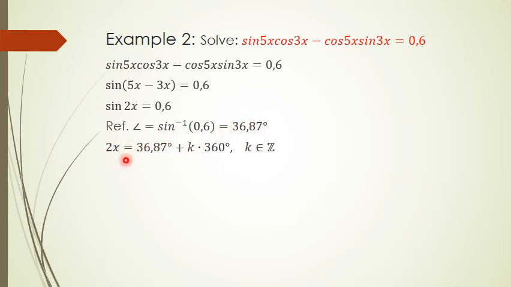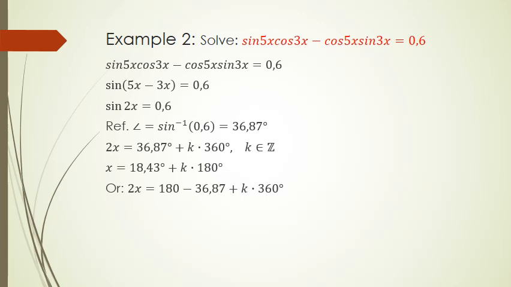So writing down the general solution, we have 2x equal to 36.87 degrees plus k times 360 degrees, where k is an integer. Then dividing both sides by 2, we obtain the general solution as x equal to 18.43 degrees plus k times 180 degrees.